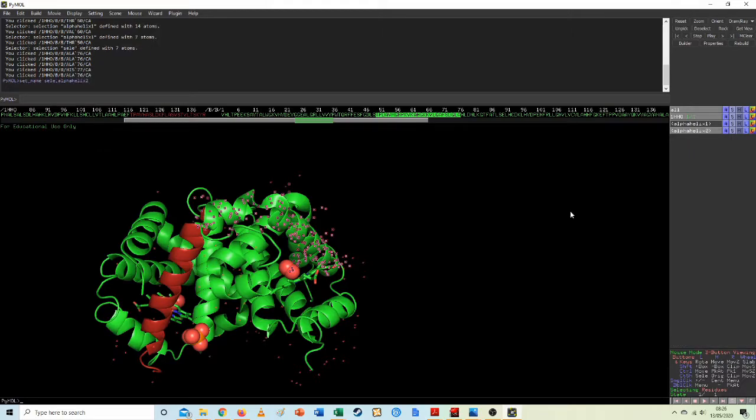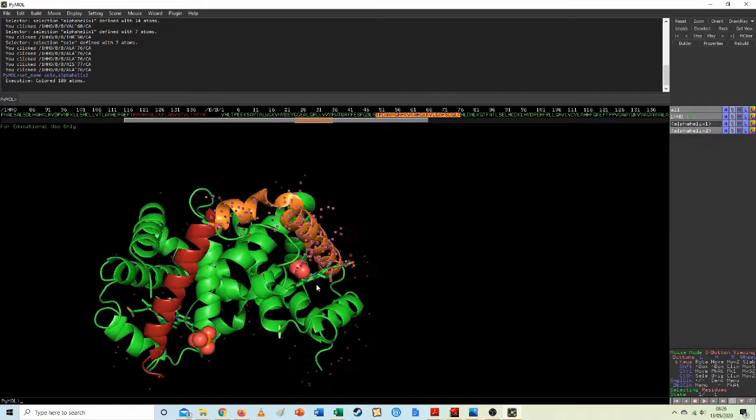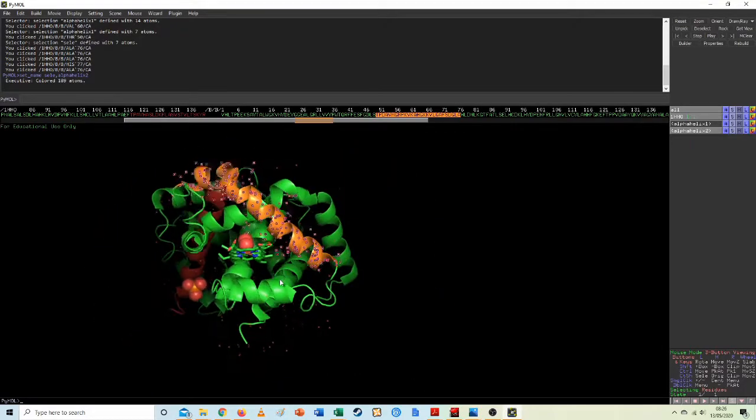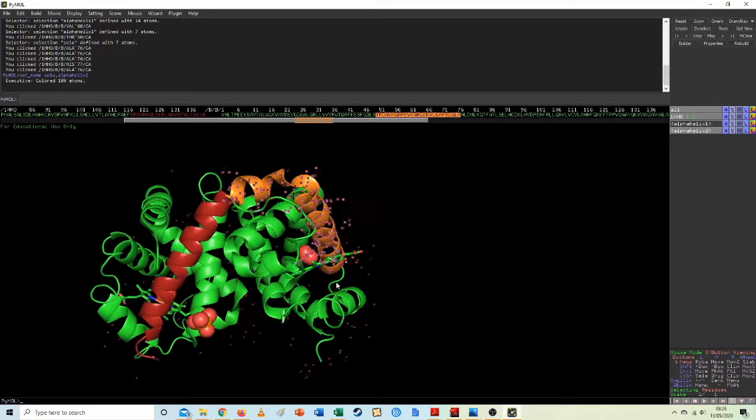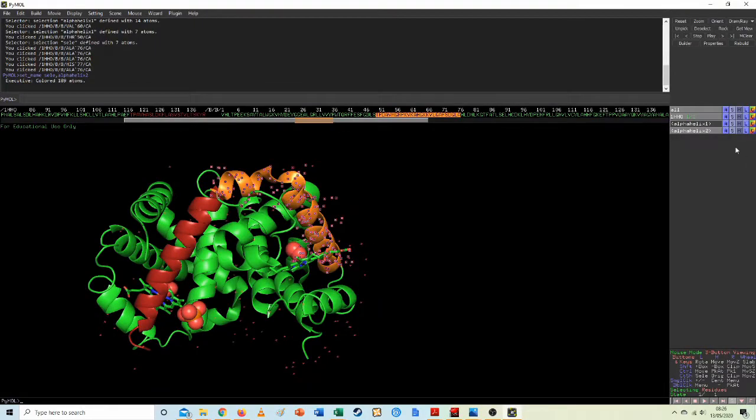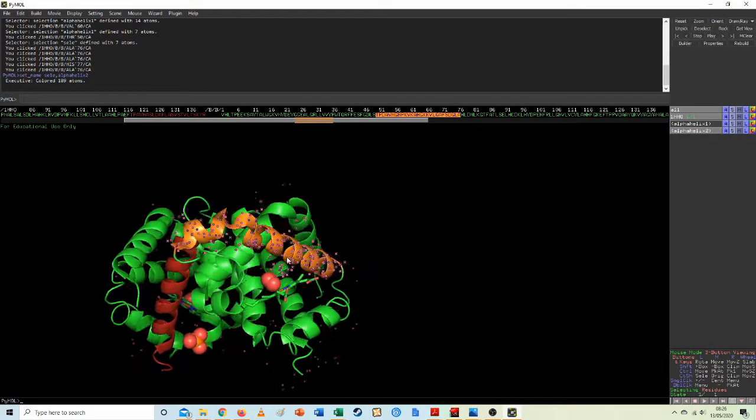Now, I want to colour this. What will we go for? TV orange. Delightful TV orange. Okay, so now I have coloured in both of those different colours.